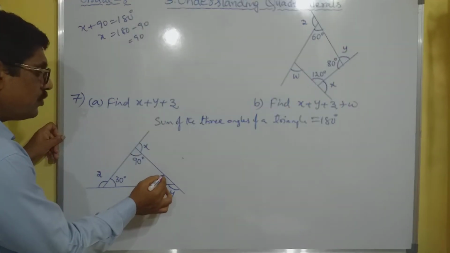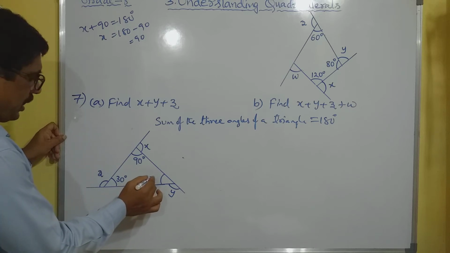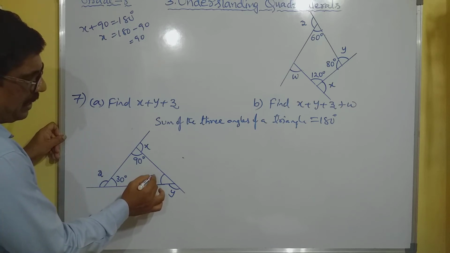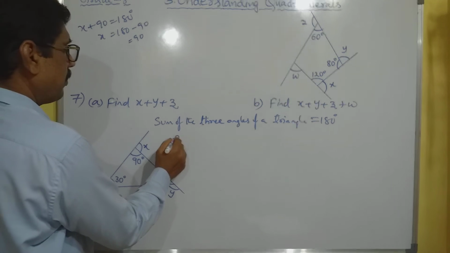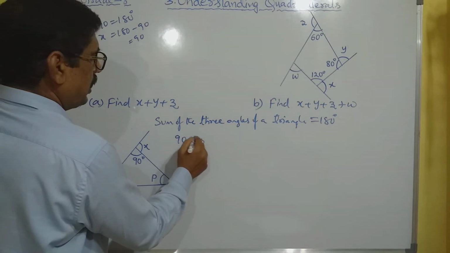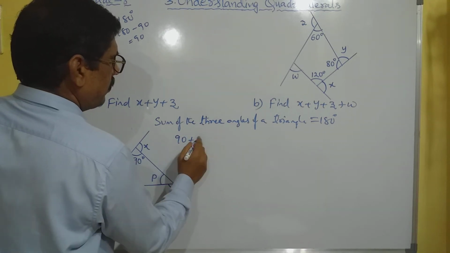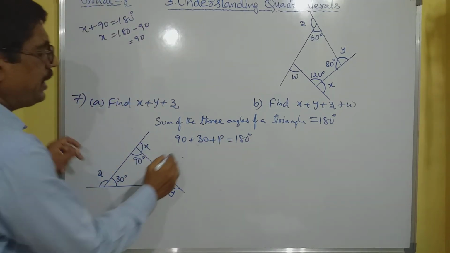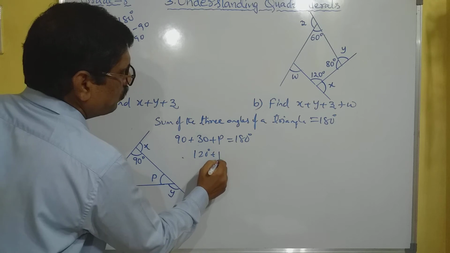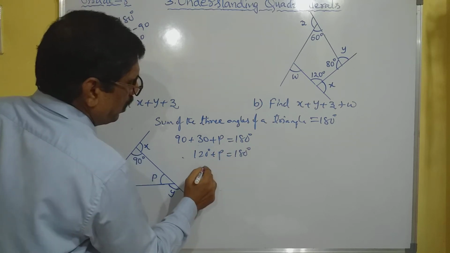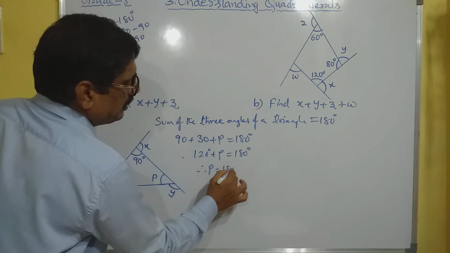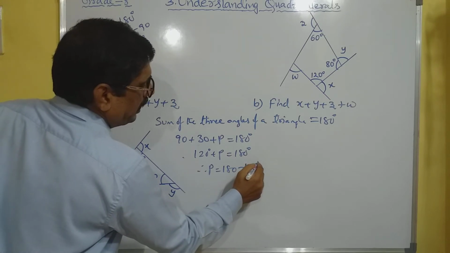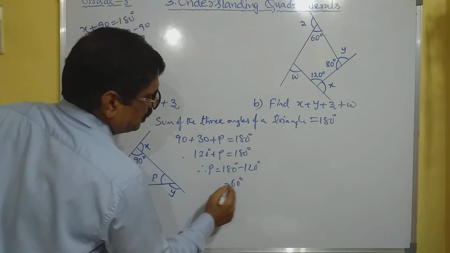Okay, this angle we don't know. Let us take it as p. So now add them. 90 plus 30 plus p is equal to 180 degrees. Now 90 plus 30 is 120 degrees, plus p is equal to 180 degrees. Therefore, p is equal to 180 minus 120, which is 60 degrees.